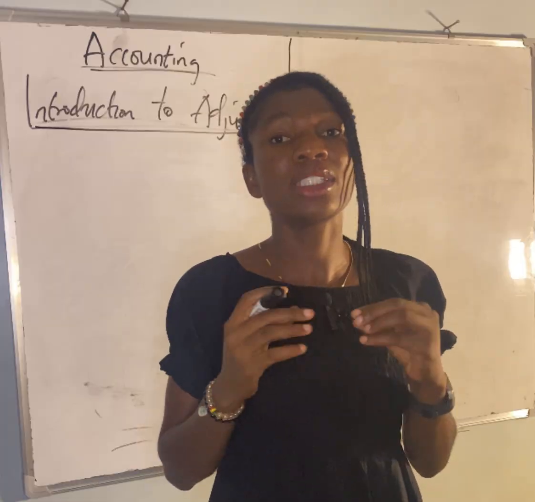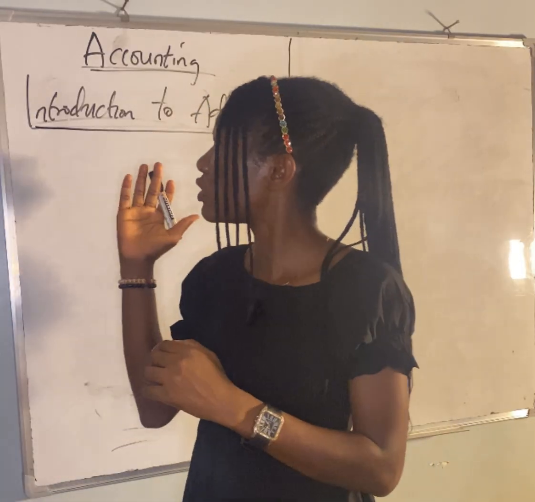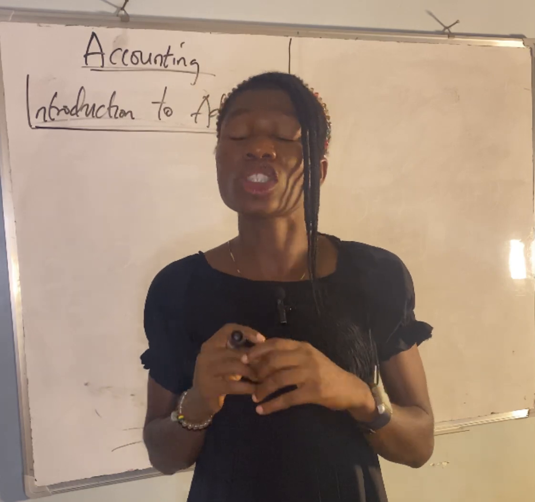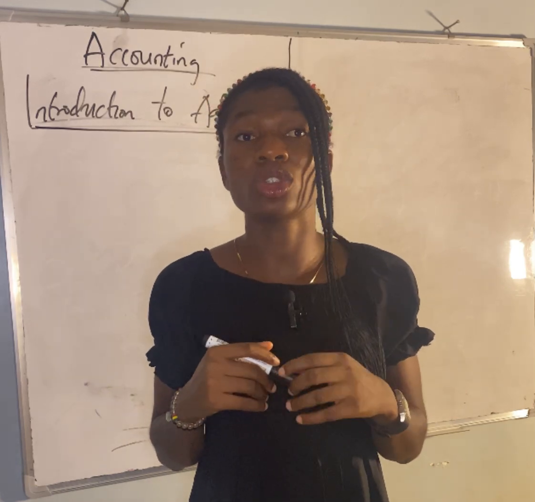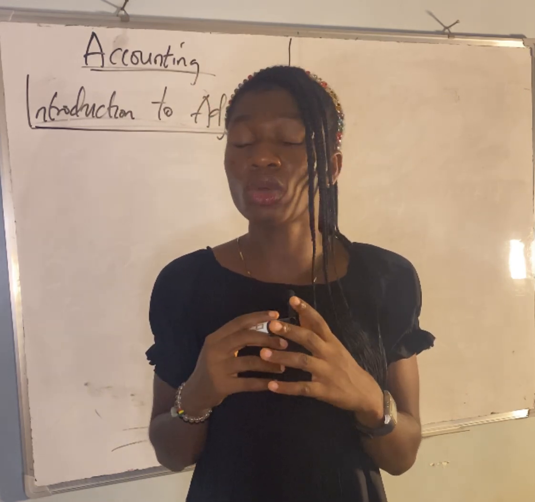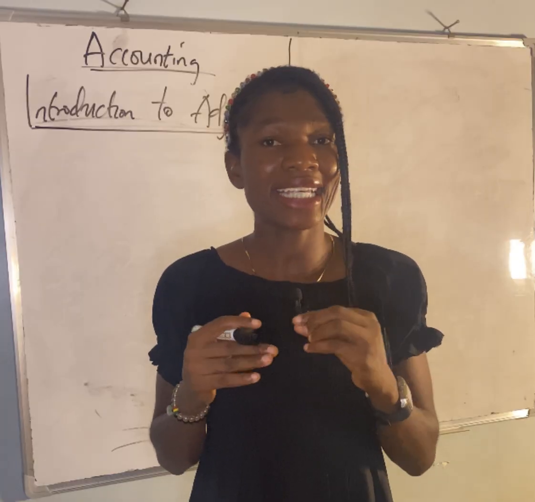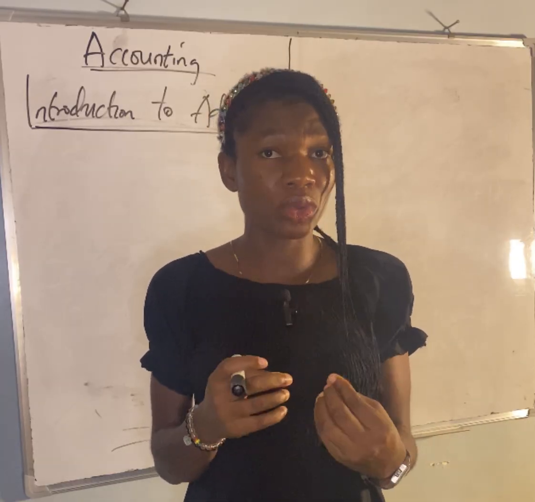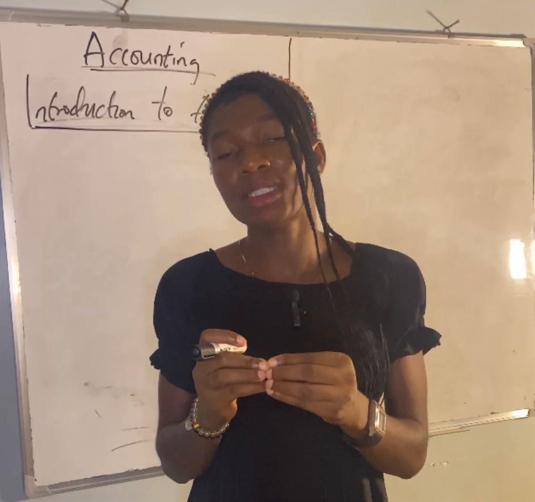Now today's video, I'm going to be introducing you to adjustments. The first adjustment I'm going to be doing in this video is where we have accrued income or accrued expenses. That means I'm going to explain accrued income and accrued expenses, and then we'll take a particular trial balance.